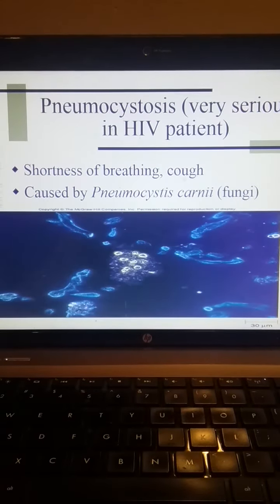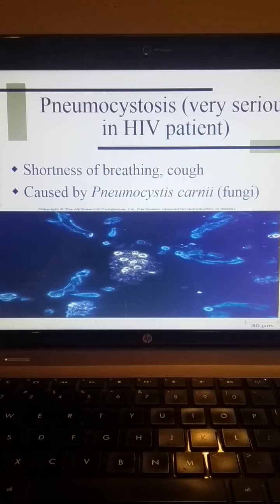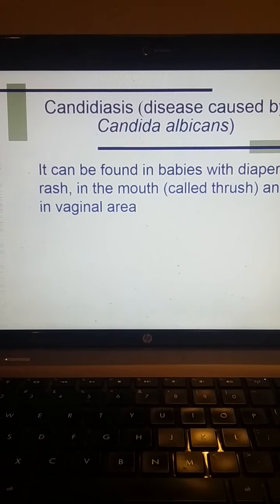This is a very serious disease in HIV patients, and you need to know the name of this disease and also the fungal name, Pneumocystis jirovecii. This is what causes pneumonia in HIV patients. Then this term is also very important: candidiasis, the yeast infection caused by the fungus Candida albicans.